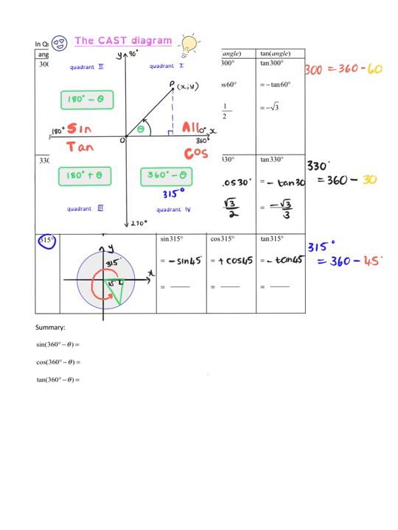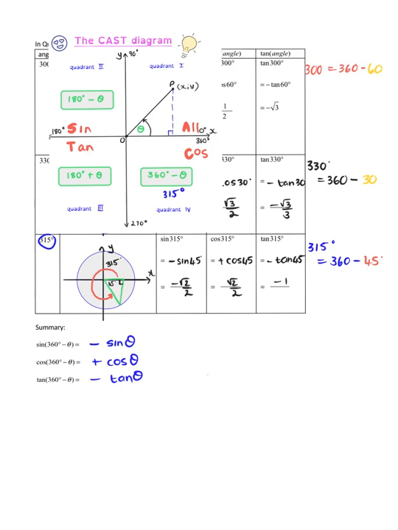If I now write down the value of that ratio, so this is going to be negative root 2 over 2, this will be positive root 2 over 2, and tan 45 will simply be minus 1. All right, so grade 10s, let's just summarize then what happens in quadrant 4. When it's sine 360 minus theta, it becomes negative sine theta. Cos is the one function which is positive in quadrant 4, whereas tan 360 minus becomes negative tan theta.